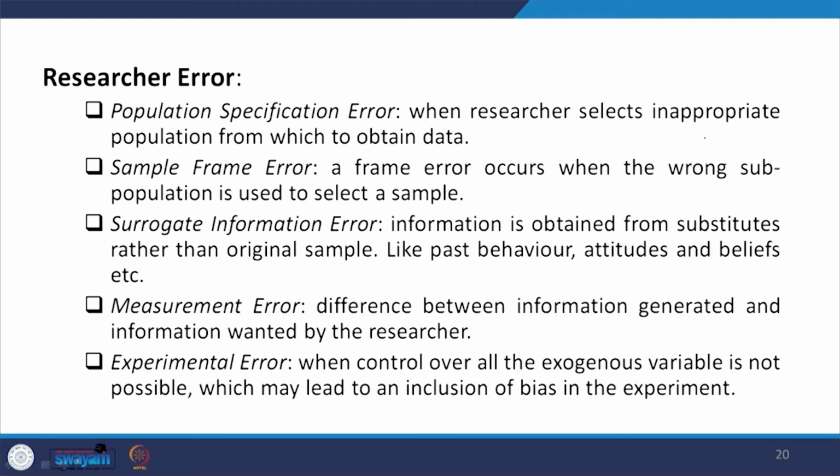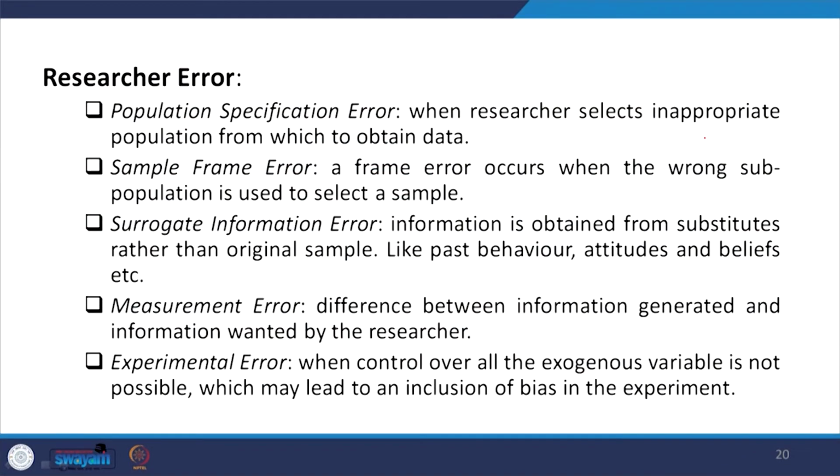Surrogate information error: information is obtained from substitutes rather than the original sample. For example, past behavior, attitudes of the person, beliefs are generally creating errors. Similarly, measurement error is the difference between the information generated and the information wanted by the researcher.